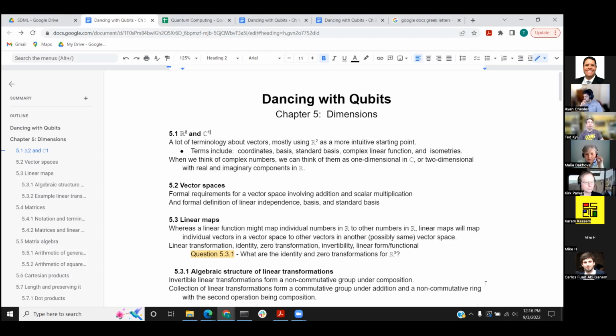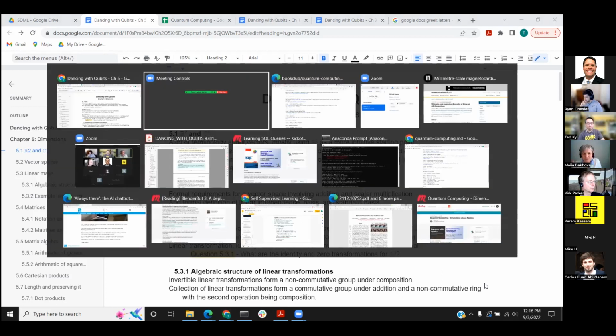Okay, I have a couple of comments. First, they have a very intimidating quote at the beginning of the chapter, which claims that dealing with high dimensions is not so simple. Last time I said that I'm a mathematician.